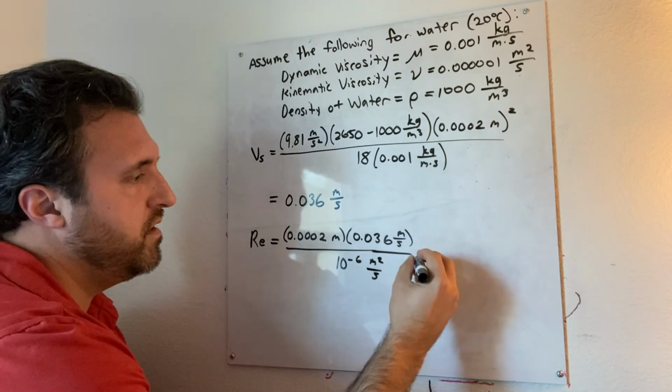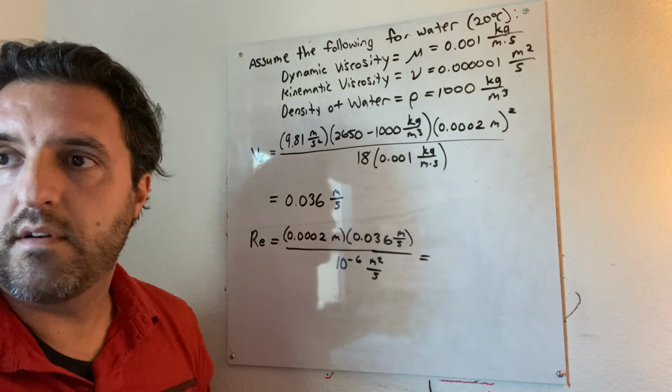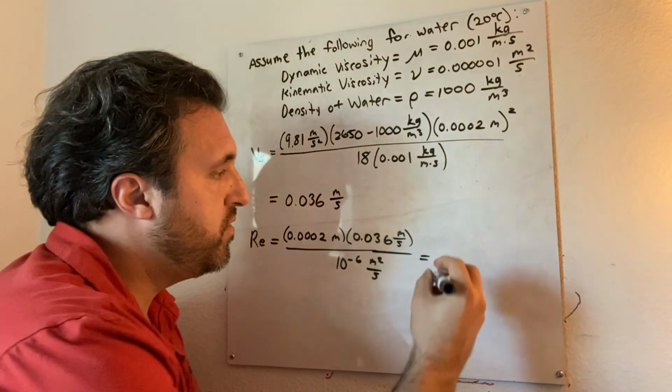All right, so all the units cancel out, and this gives us a value of 7.19.